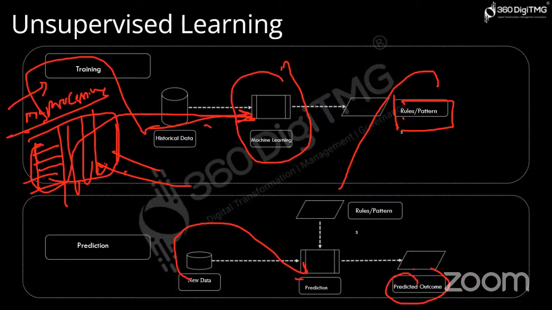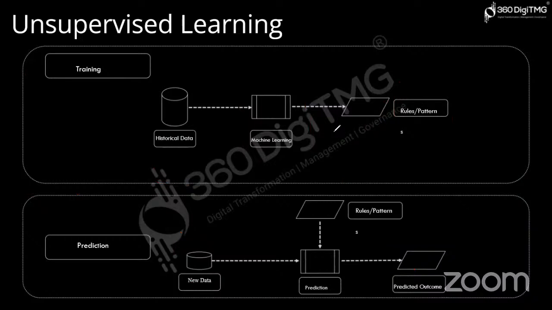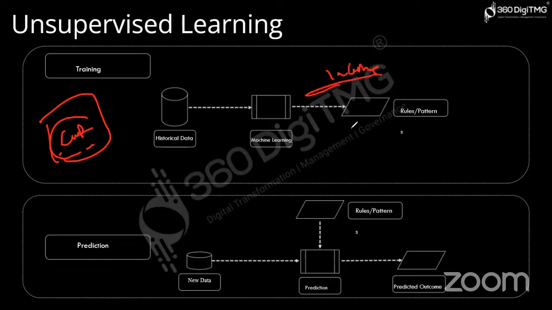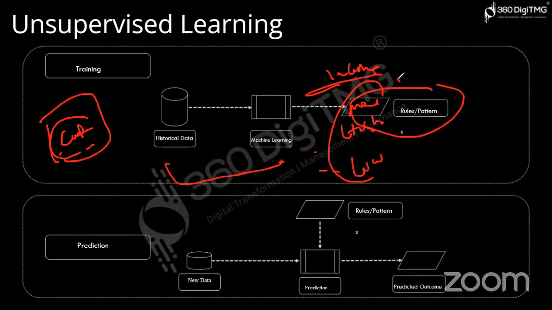Let's say you have a data frame of customers, and you want to segment those customers based on their income into high income, low income, or medium income customers. For that, we pass the data into the machine learning model. It forms rules for high income, low income, and medium income customers.